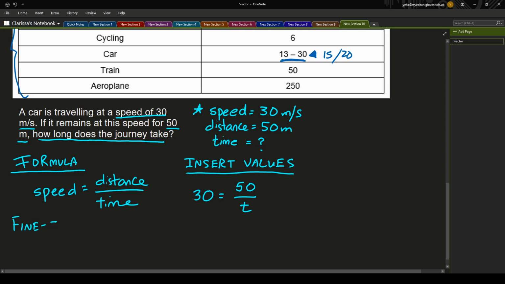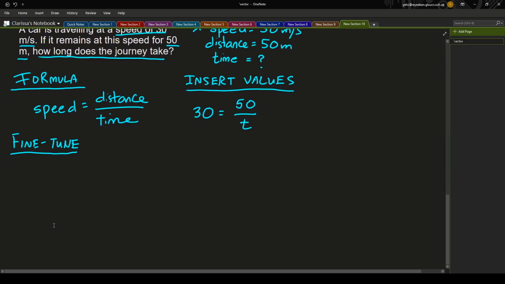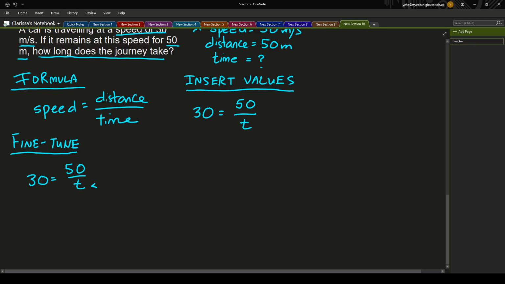So basically, how you say in maths is solving for the variable, solving for the unknown variable. Let me write this out again. So 30 equals 50 over t. Remember, the t right now is a denominator, as it is. It's at the bottom of a fraction.